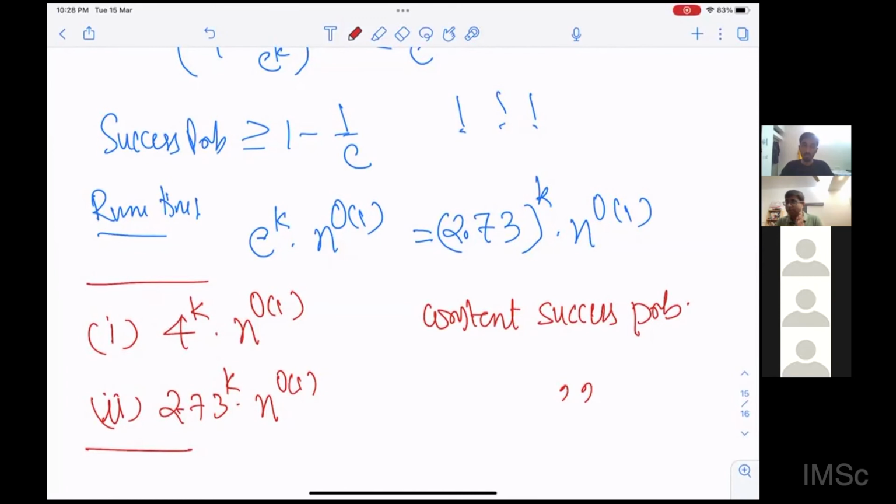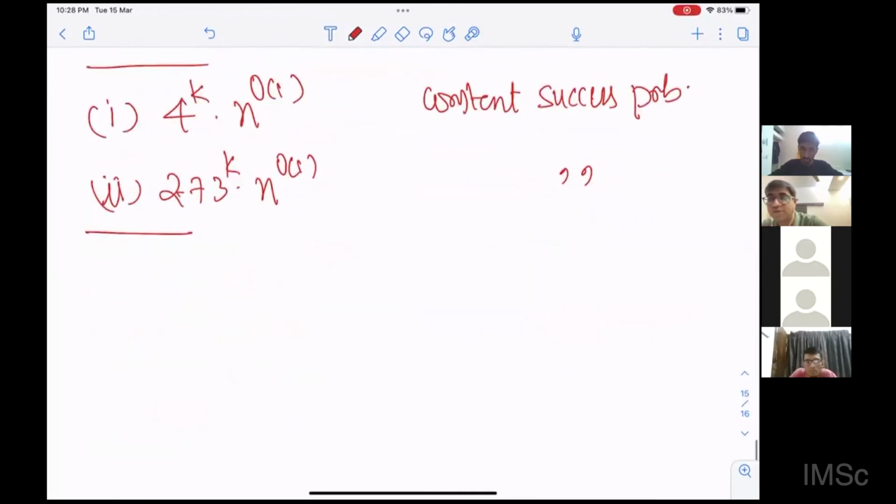Now, before I leave for the day, I want to prove the lemma which I gave last time. There was a suggestion from Sayani for a deterministic algorithm: why don't you look at a vertex of highest degree?